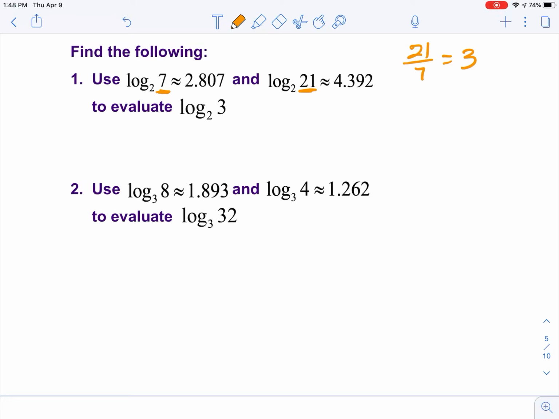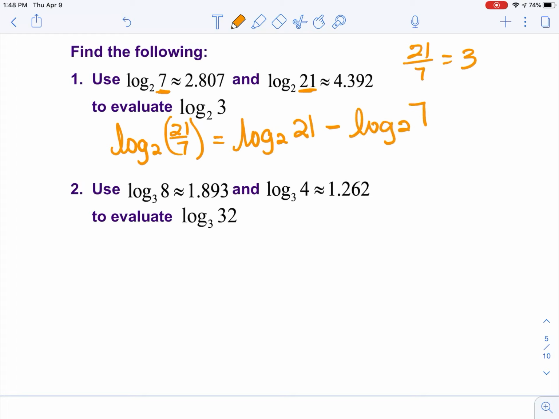I'm going to have to use log base 2 of 21 first. So this is going to be log base 2 of 21 over 7. That gives us our 3. So we have to expand this. So that's going to be log base 2 of 21 minus, because we're dividing, log base 2 of 7.